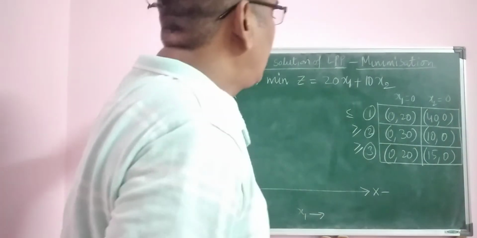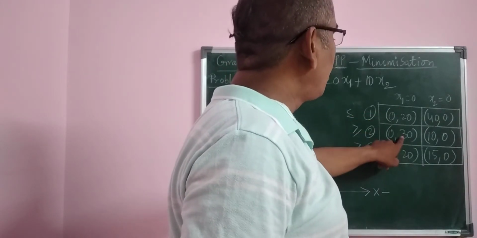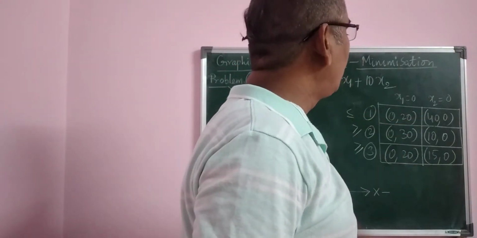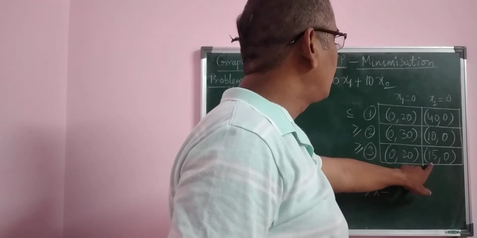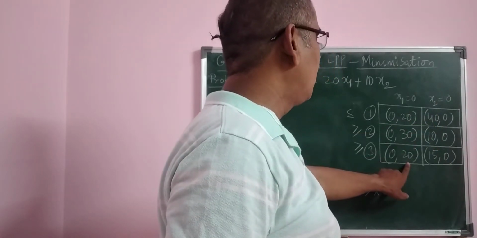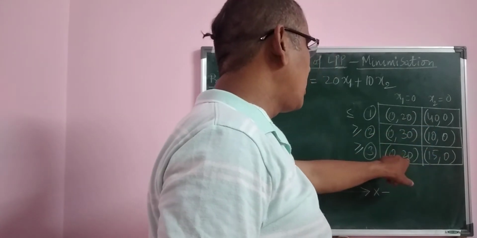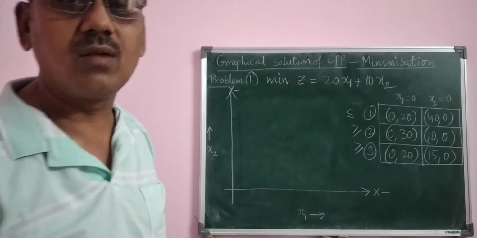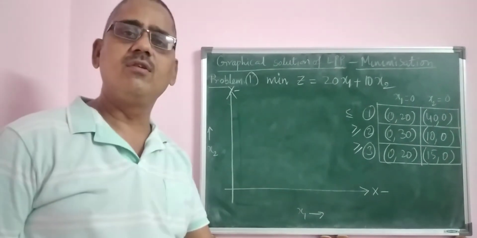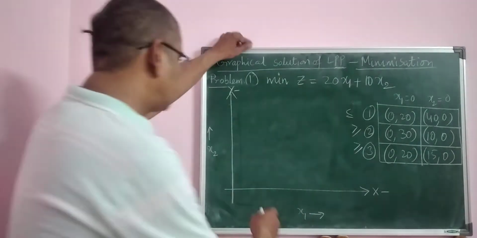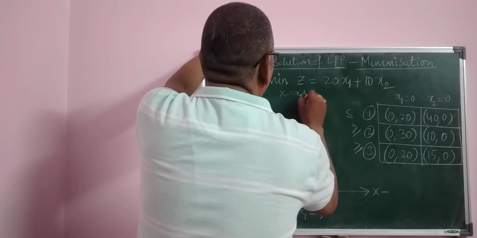And you see the values, how to consider the scale. 40 is the maximum value for the x-axis, 30 is the maximum value for the y-axis. Whatever you consider, you can consider 5, 10, 15, 20, 30, etc. I am considering the same scale on the x-axis and y-axis.